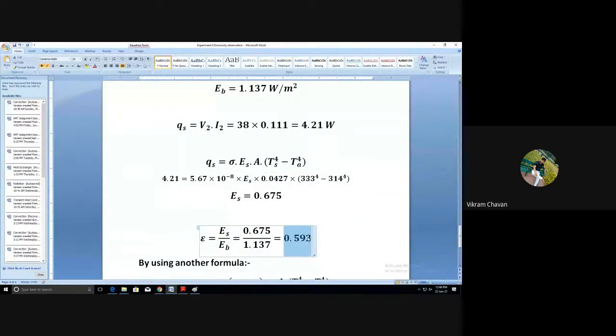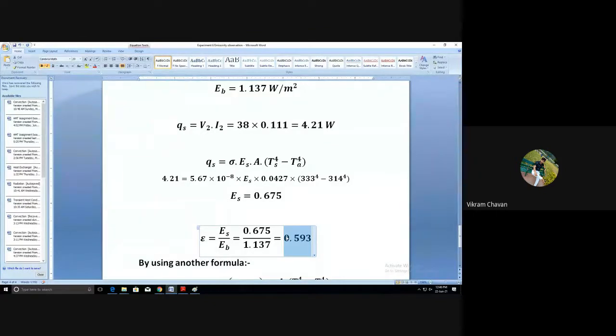So that is the logic behind the program. You have to define all the variables in the program, then all the formulas. Then the program should ask you the input values, that is voltage, current, the diameter, the surface temperature for the black body, then the temperature for the ambient air.